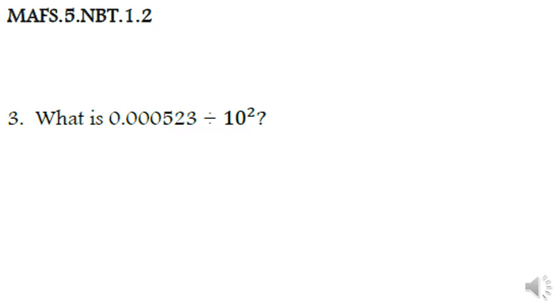What is 0.000523 divided by 10 to the second? Well, first, let's go ahead and just change this. We know 10 to the second is actually 100. So we're dividing by 100. That means it's going to get smaller by 2 place values.